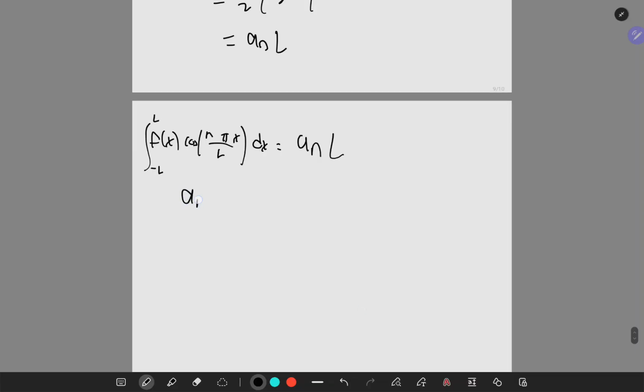So then a sub n is equal to 1 over L integral negative L to L f of x cosine of n pi x over L.